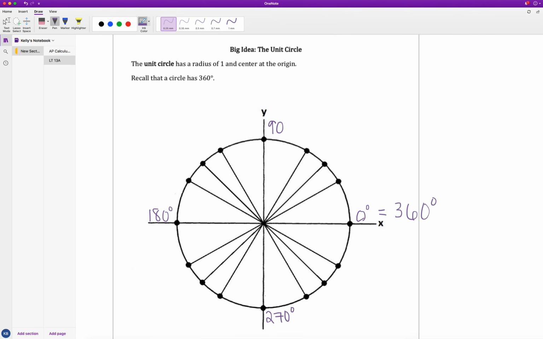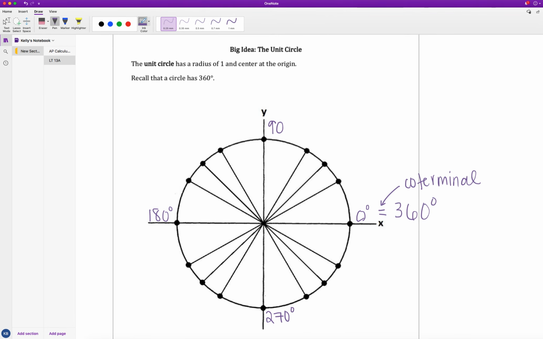Those are all of our angles that are on an x or a y-axis. So I've got 0 degrees, 90, 180, 270, and then all the way back where 0 degrees is. Although I'm saying equal, what I really mean by this is they are coterminal, because they are starting and ending at the same terminal side.